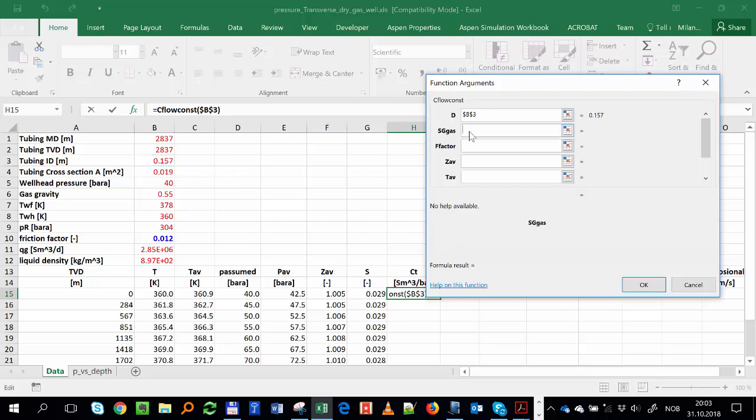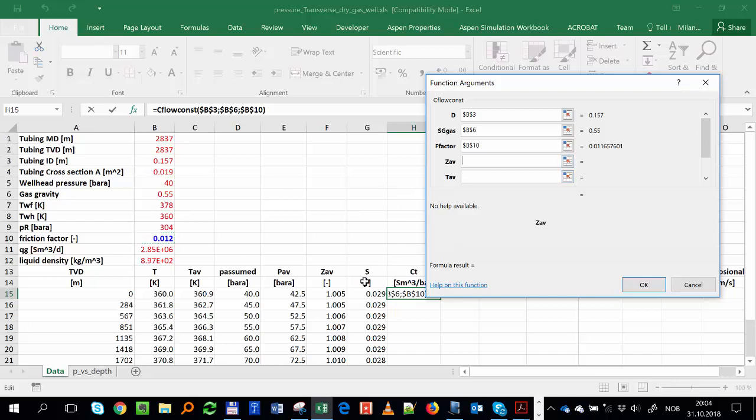The specific gravity of the gas, that will be in B6, and that also I have to block. The friction factor, remember, for gas depends only on the diameter. So I have it here, then block it.